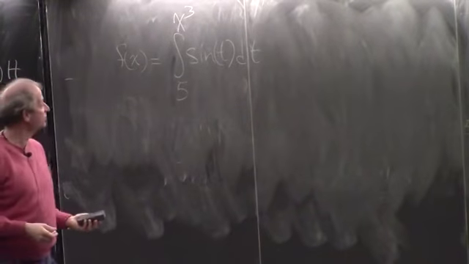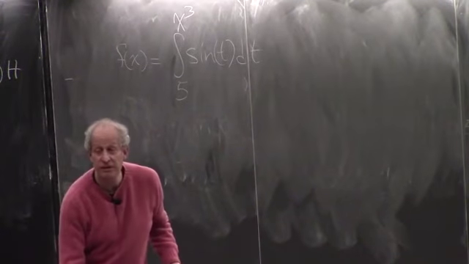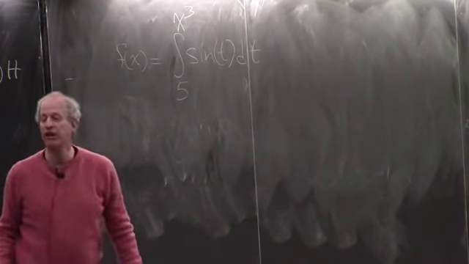Suppose I had f of x equals the integral from 5 to x cubed of sine of t dt. It's not really much harder, just a little bit.